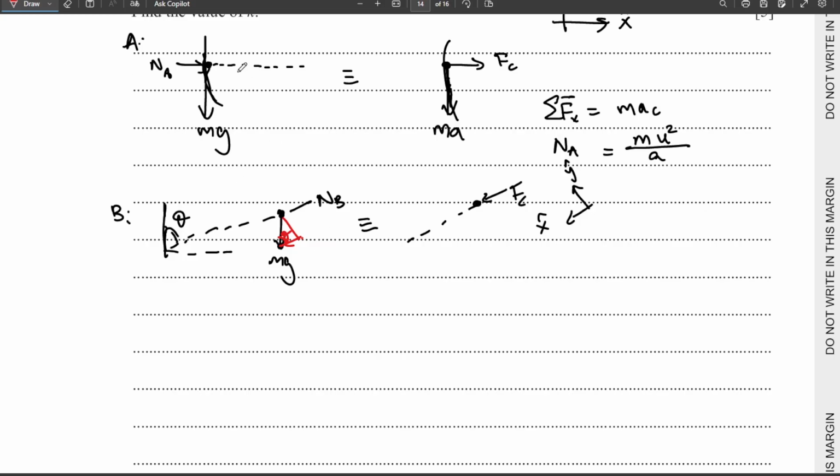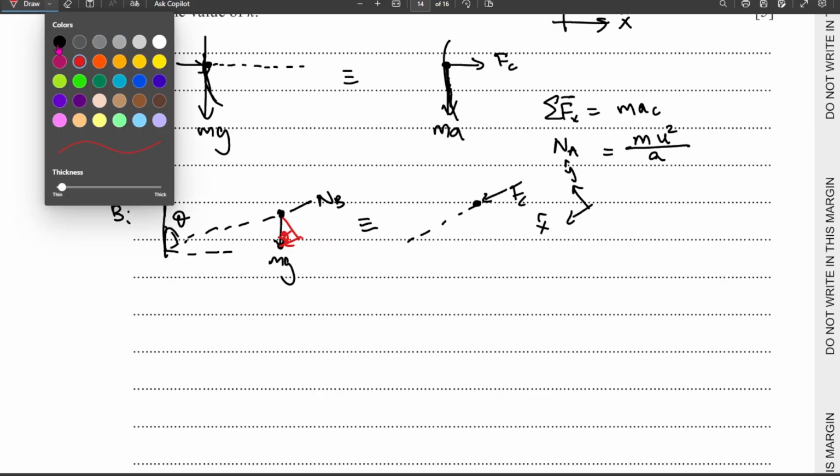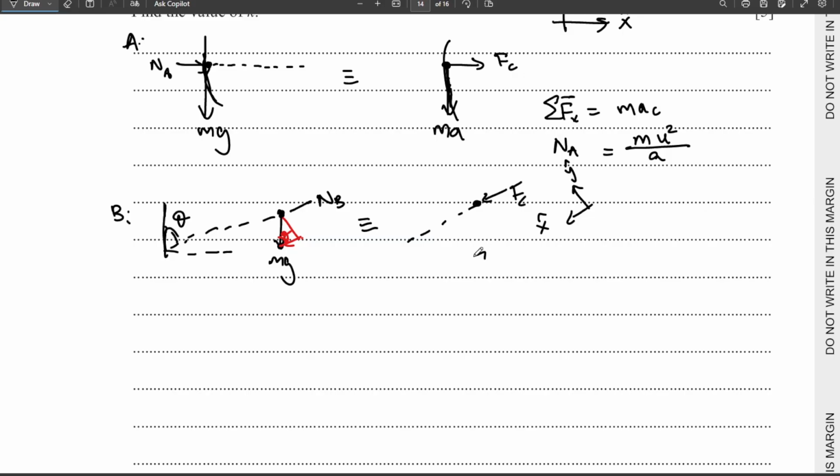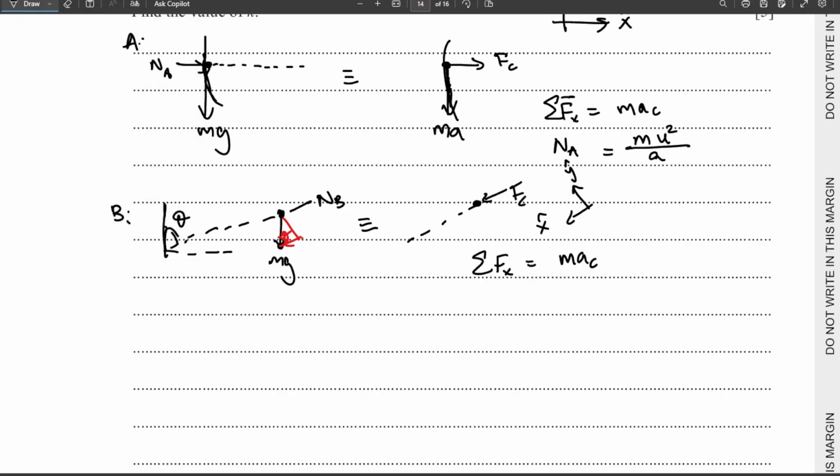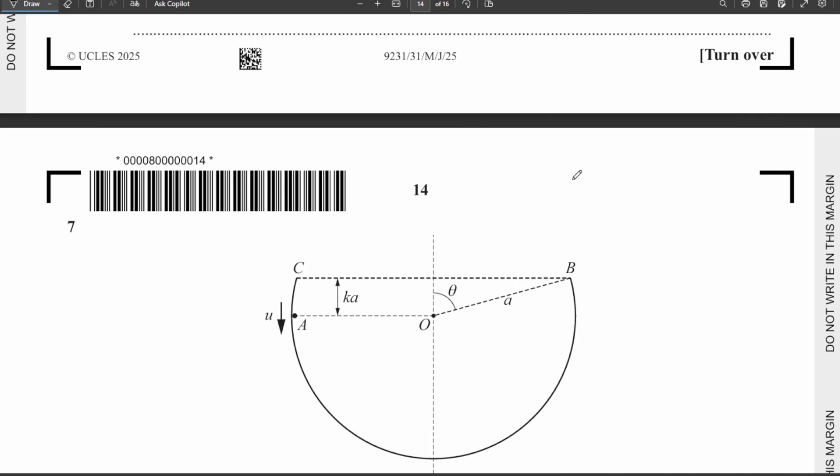Right, so this is theta, and we do the force balance in the horizontal direction, or the x direction as we declared. Again, it is equal to ma_c, the resultant force. And a_c in this case is still the centripetal acceleration, v squared over r, but in this case it's v_B. So let's say the particle is here, and you will have a speed of v_B at this point.